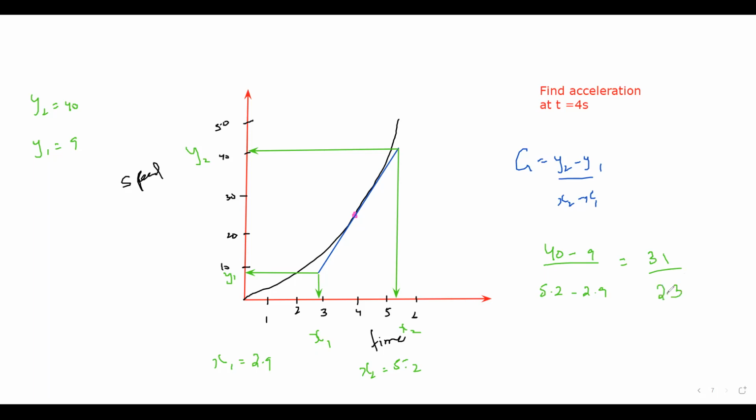So 31 divided by 2.3 is equal to 13.47, or I can round it off to 13.5 meters per second squared. So that is the acceleration of this object when time is equal to 4 seconds. Is it clear how to calculate acceleration for a non-linear graph?